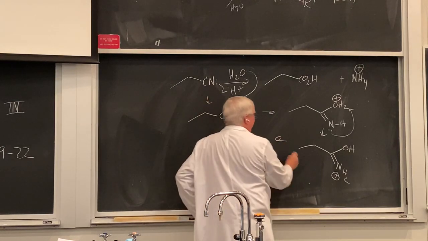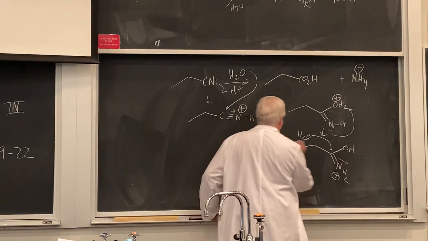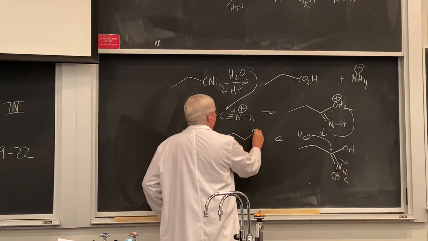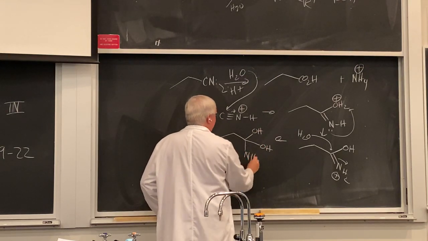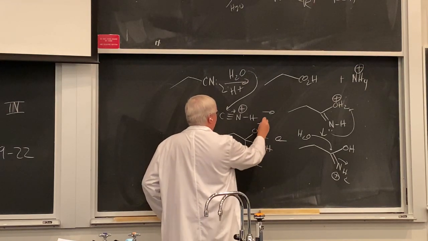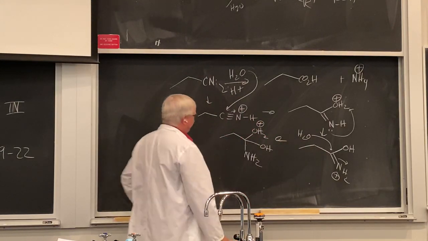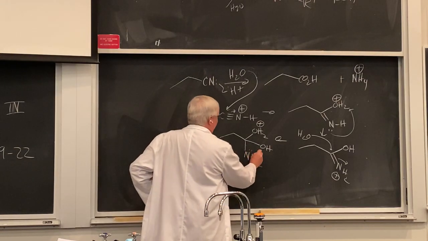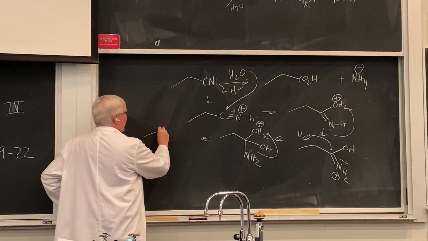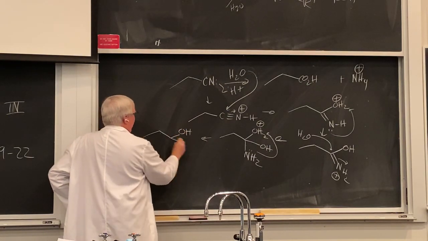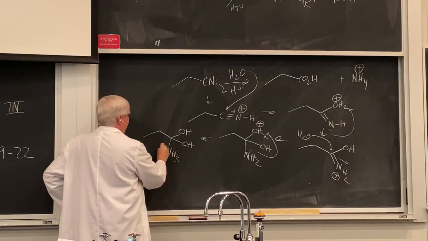And then what? Well, we've got water. So water can add again here. And what do we get? OH, OH, NH, and one of them has the 2 on. That's from the water that just went on there, right? And then we can transfer a pair of electrons on the amine to get another ammonium cation, right?